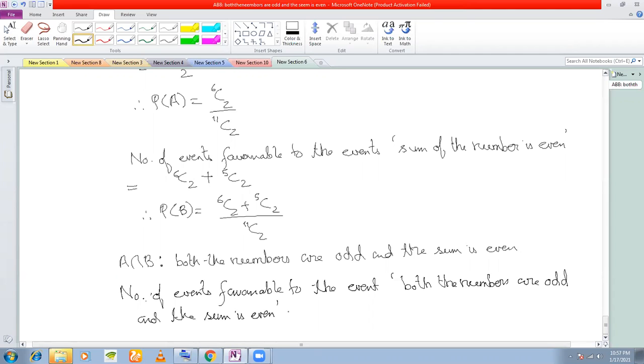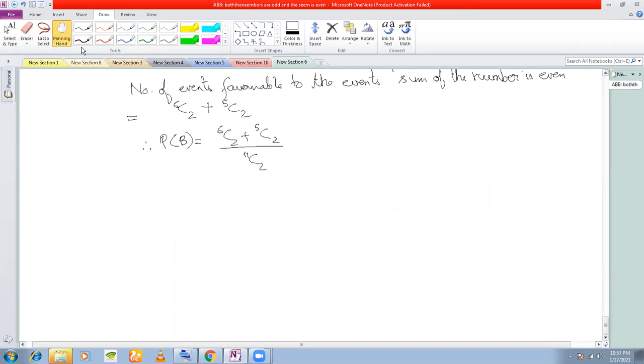What does this mean? Two odd numbers you are adding and you are getting some even. How many ways is it possible? 6C2 ways, because there are 6 odd numbers. So therefore, what should be P of A intersection B?